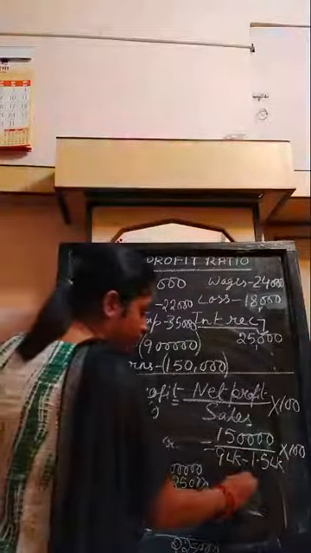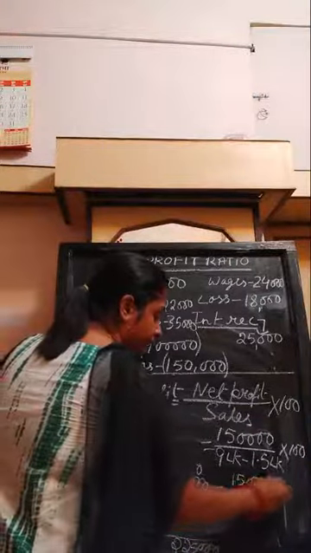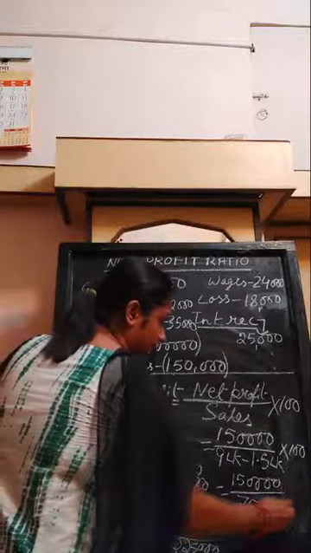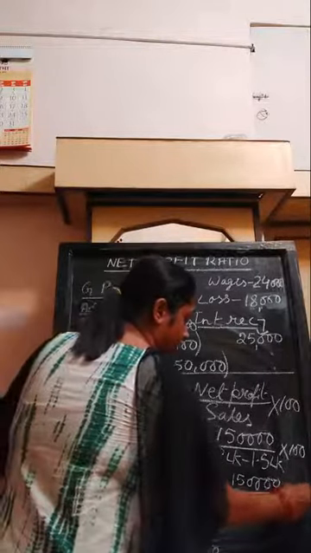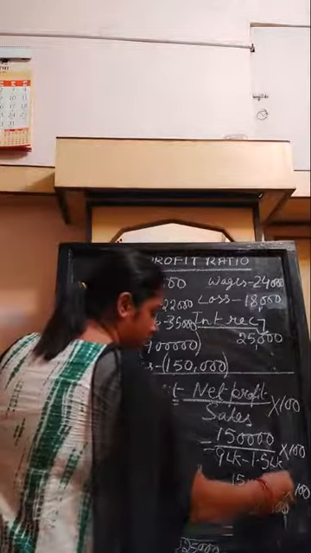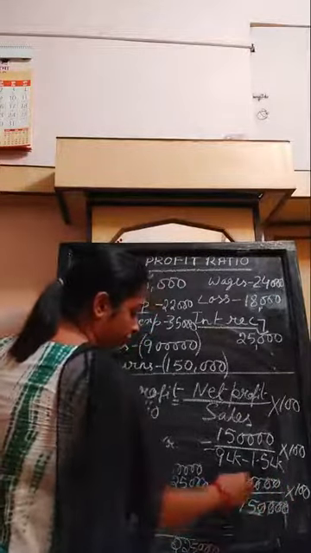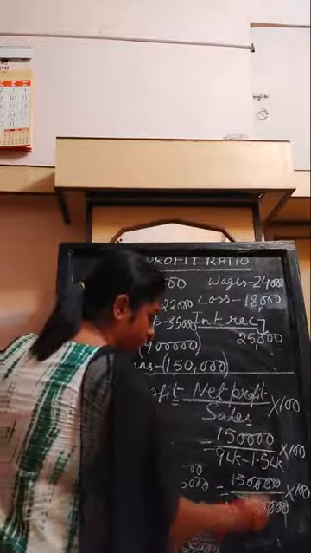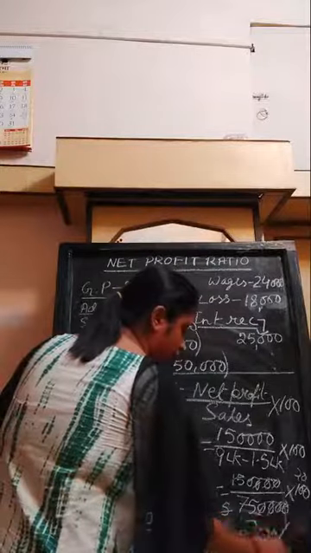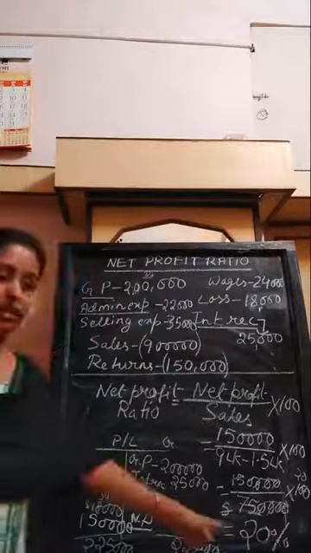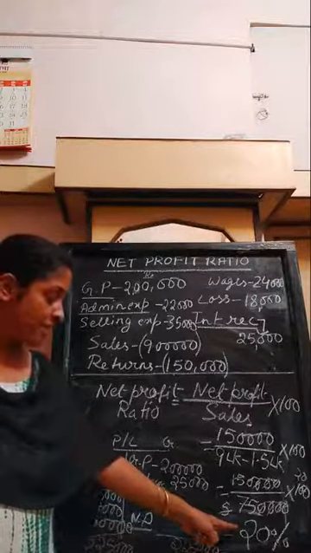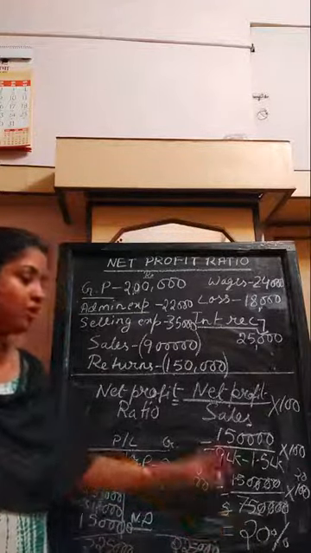Now 1,50,000 by 7,50,000 into 100. So this is coming by cancellation. 15 5s are 75 and 5 20s are 100. So 20% is the NP ratio. So this is the answer. 20%, you can see I have calculated, and 20% is the answer that is coming, that is the net profit ratio, by solving the sum.